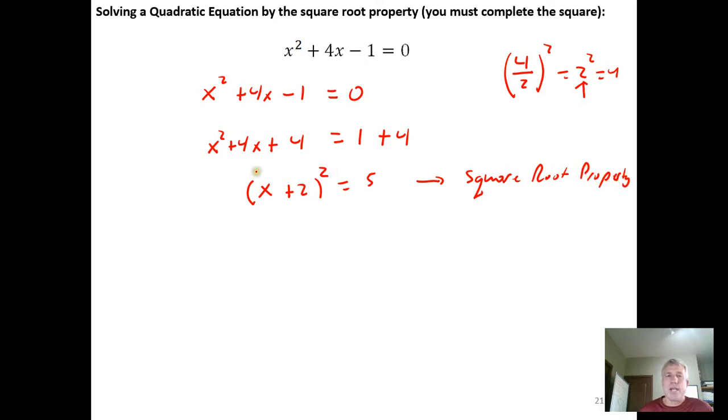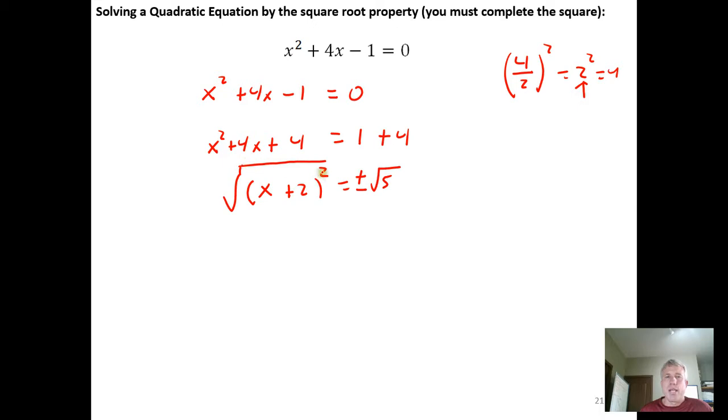To solve this, I can take the square root of both sides and cancel this exponent of 2 to dig the x out of the parentheses. So once I've completed the square, I want to take the square root of both sides using the square root property. And the moment I take the square root of the number, I know I need to put it plus or minus because I get 2 solutions.